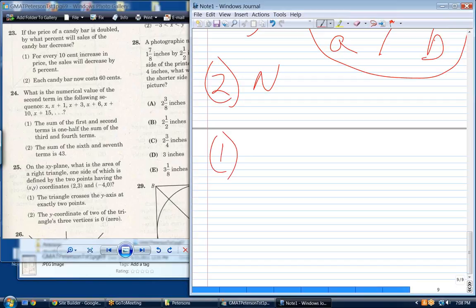No, you're right. It matters what it starts at. In other words, if the candy bar was currently $1 and it was doubled, that would be to $2, which would represent 10-cent increases. But if the candy bar started out at $5 and went to $10, that would actually represent 50 10-cent increases. So one alone is a no for sure.